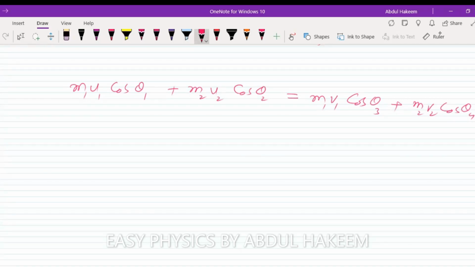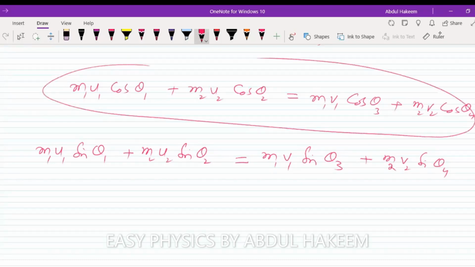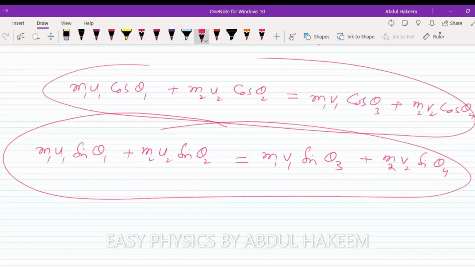And for the Y components, similarly, we will write M1 U1 sine theta 1, plus M2 U2 sine theta 2 is equal to M1 V1 sine theta 3 plus M2 V2 sine theta 4.